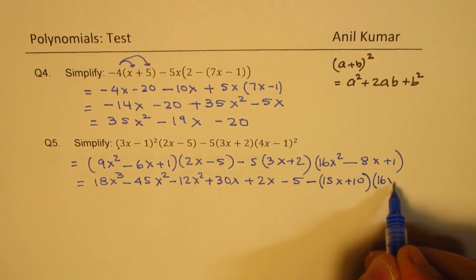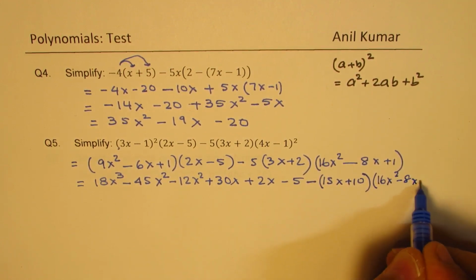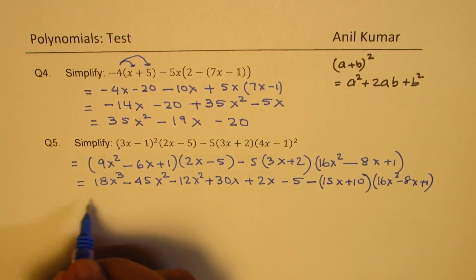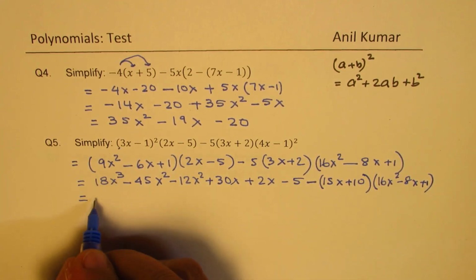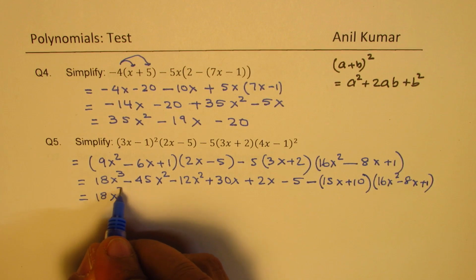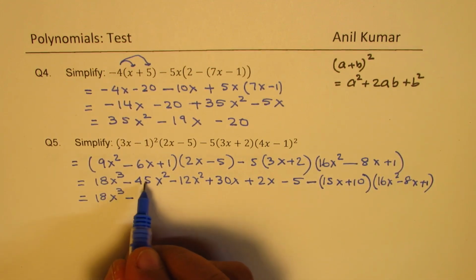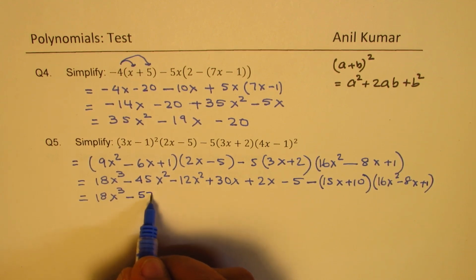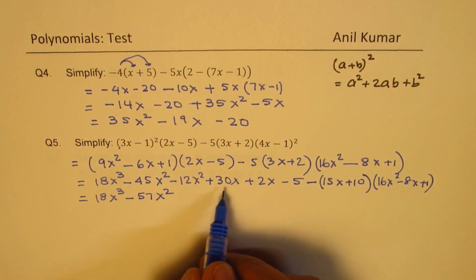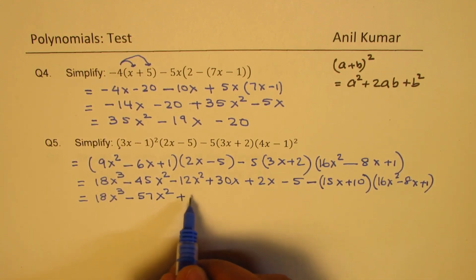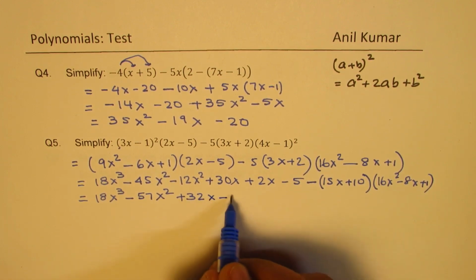And here we have 16x squared minus 8x plus 1. Correct? Now, we have one cube term here, which is 18x cubed. As far as the square terms are concerned, we have 2 of them. So we could combine this as 57x squared. X terms, we have 2 of them, plus 32x minus 5.